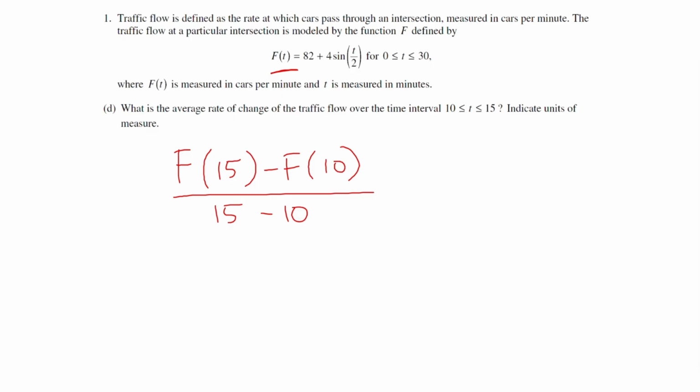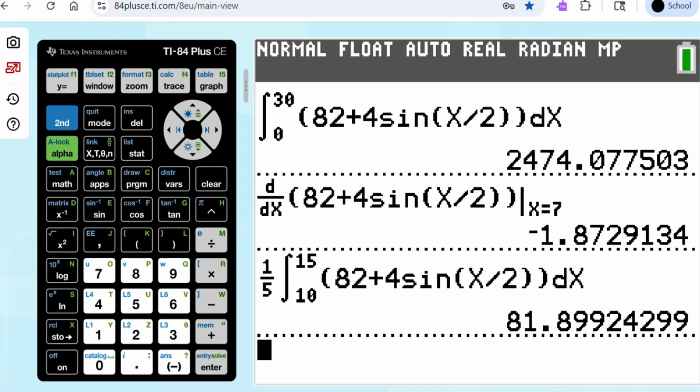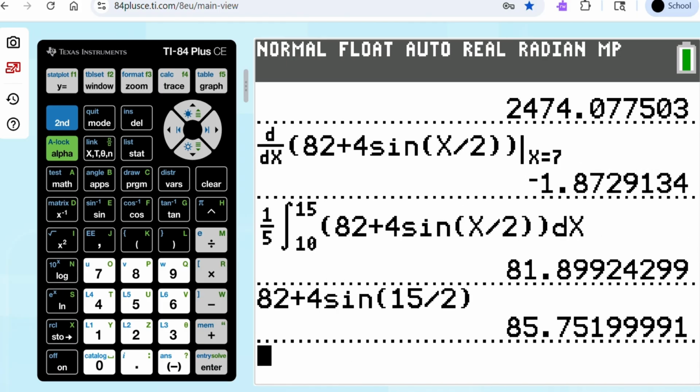So we'll go in and type it all in here. F of 15 is 82 plus 4 times the sine of 15 over 2. So that's our value for f of 15.